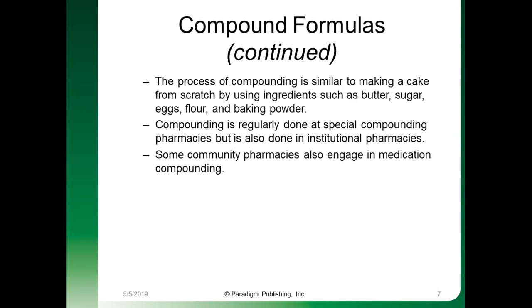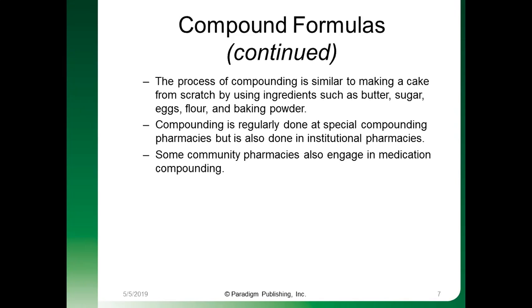Some community pharmacies like Rite Aid, Walgreens, and stuff like that will sometimes engage in compounding medications, but again, this is not common. It is done occasionally if there's one patient specifically. If you need it for more than 20 patients, then the rules state that they cannot do that. So the patients either have to go to a specialized compounding facility that is licensed or get their medications through the hospital.